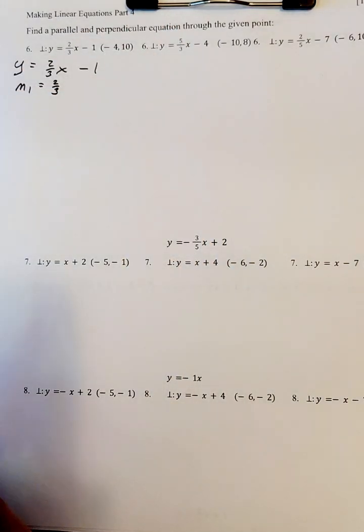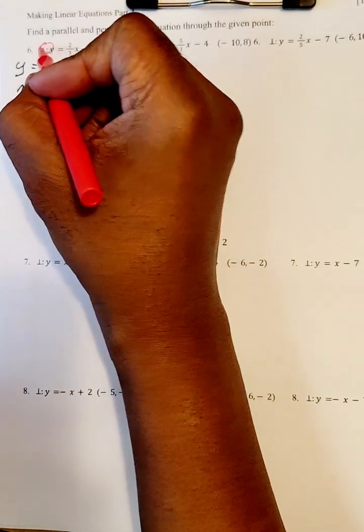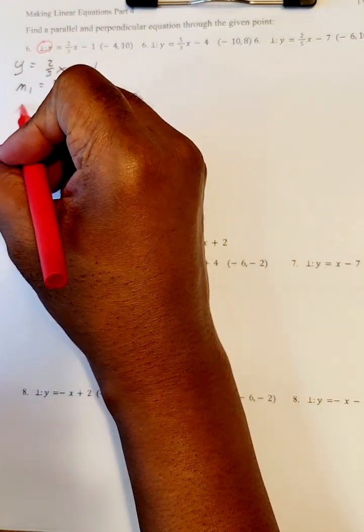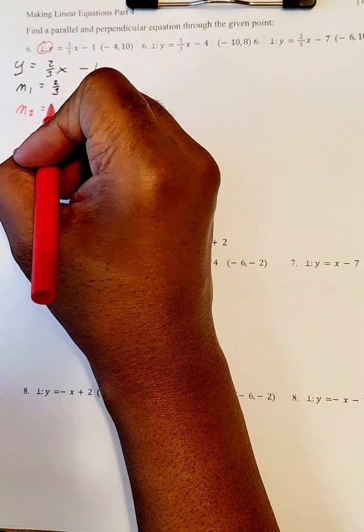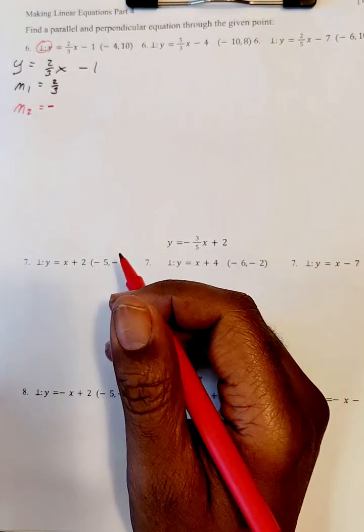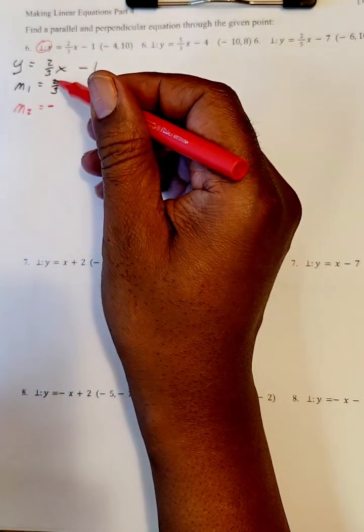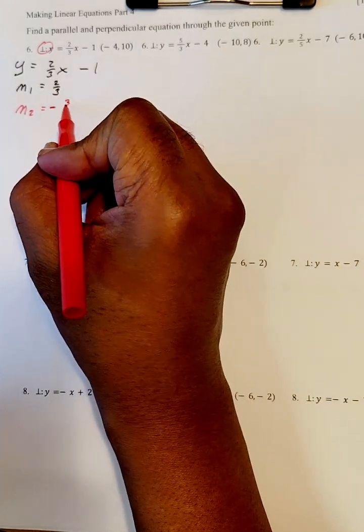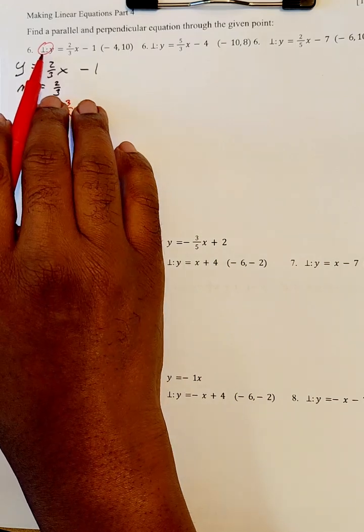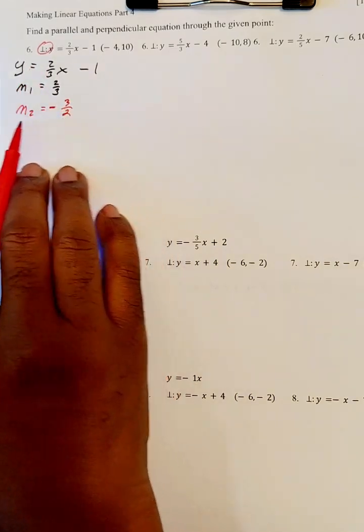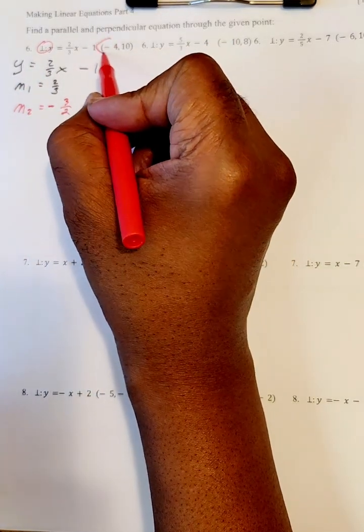To find the perpendicular slope, it'll be the opposite sign. So this is positive, so our perpendicular slope is going to be negative. And the reciprocal of 2/3 will be 3/2. Okay, so we have our perpendicular slope for our new line.